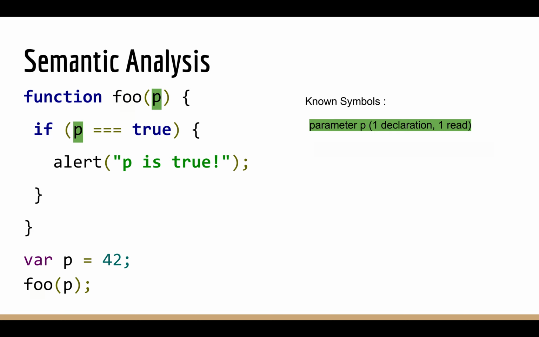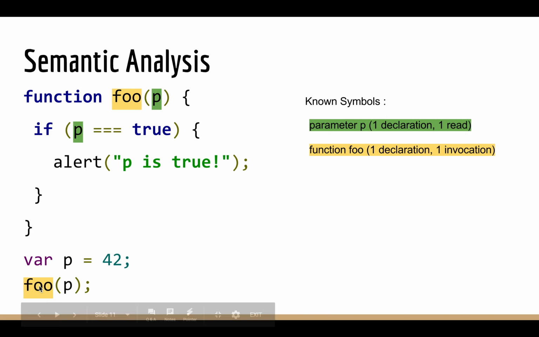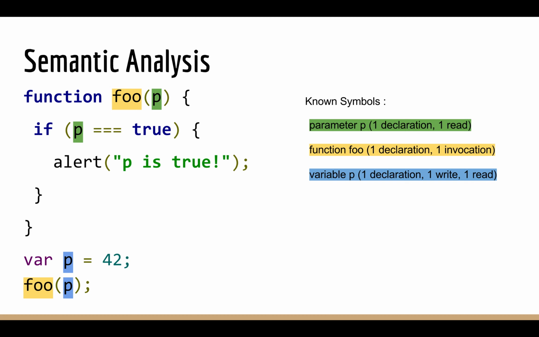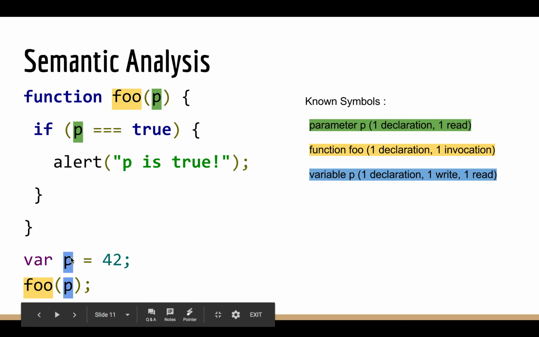Okay. Then we can also identify functions and match their declarations down there, and the declaration up there and their usage down there. So there is one declaration, one invocation of this function. Then variable declaration. P is again, P textually looks the same, but in fact it's not the parameter P, it's this variable that is declared here.